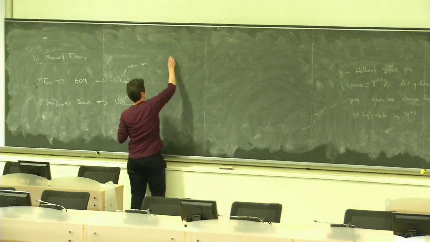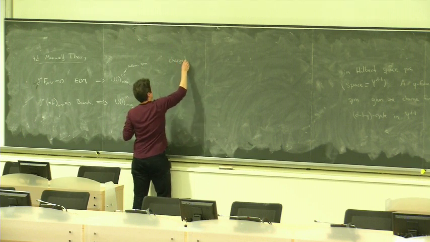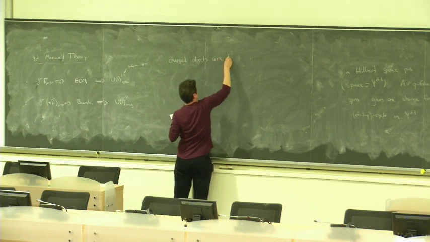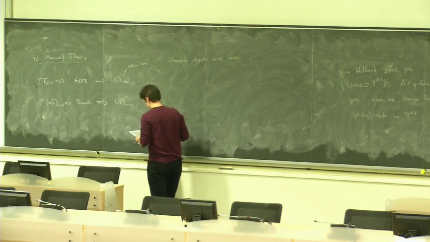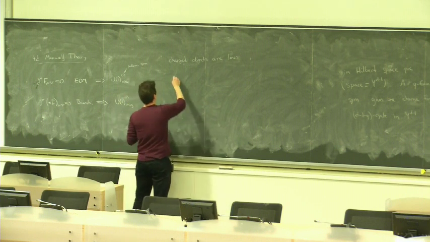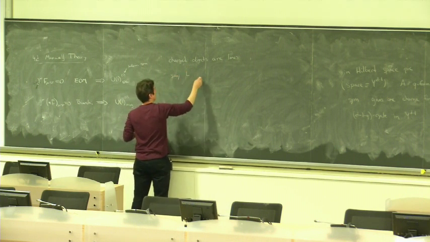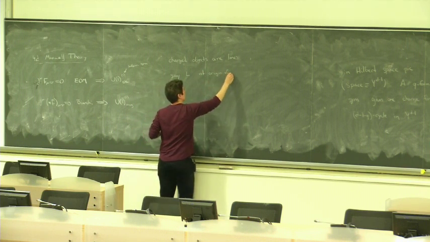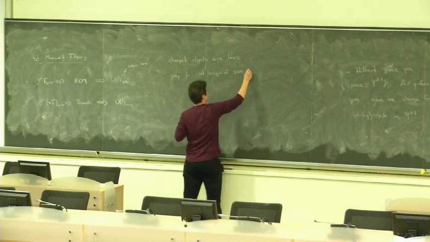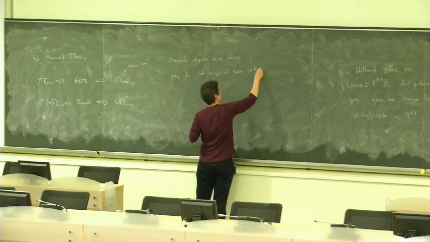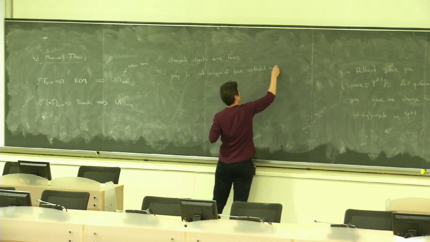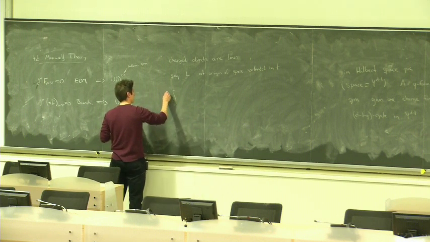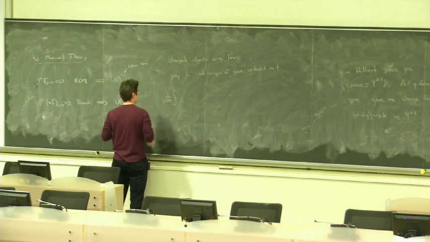So the charged objects are lines. So let's say a line L is at the origin of space and extended in time. Then we could take the integral of 1 over 2 pi.